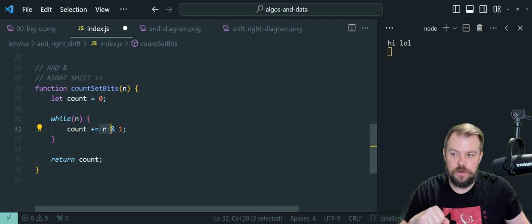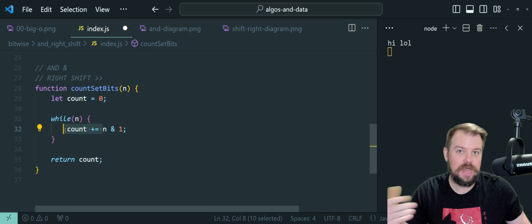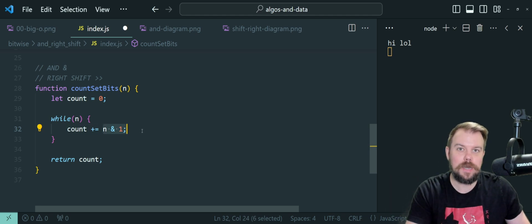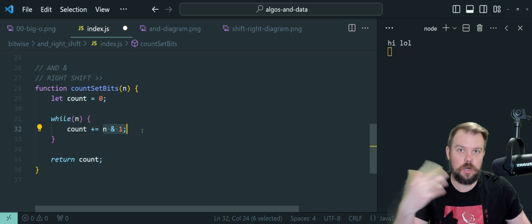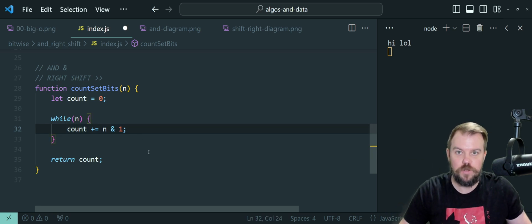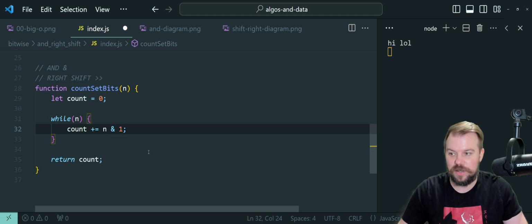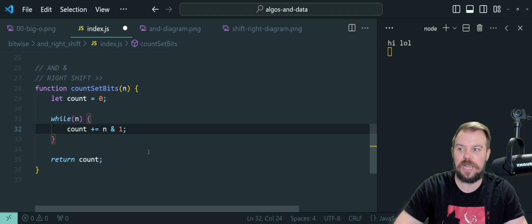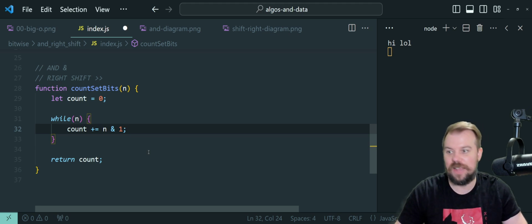If the n value of the bit is 0, it will result in a value of 0 and increment by 0, aka it won't. So this is a clever trick to only count the ones that appear and ignore, or rather zero out, all the zeros to make sure they don't falsely increment our count. So again, the count is the length of ones we have found, and this bitwise operator AND is a nifty way to count that.